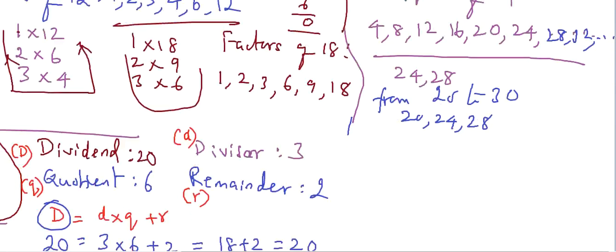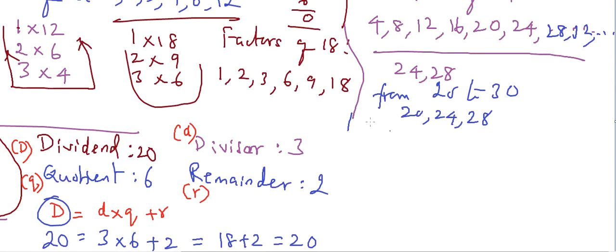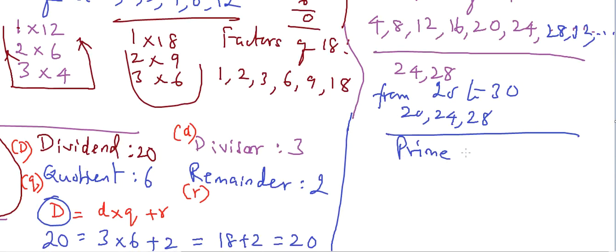Now let's see what prime numbers are. A prime number is a natural number that has exactly 2 factors.